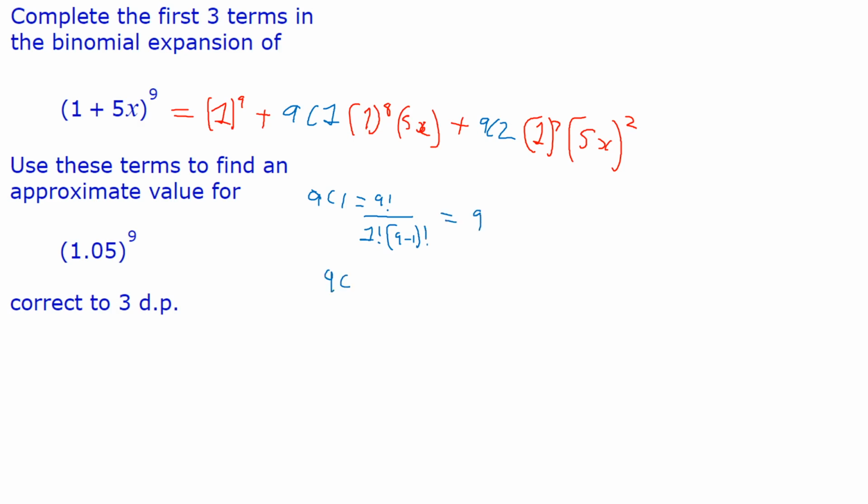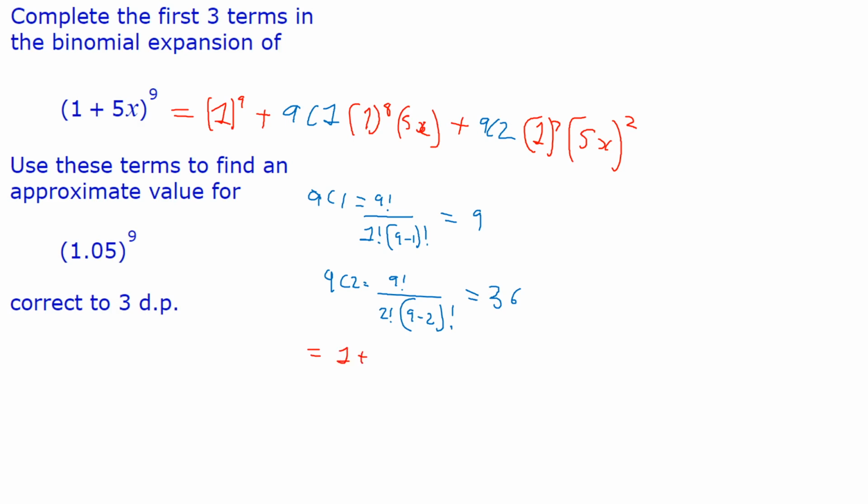And 9 choose 2 is going to equal 9 factorial over 2 factorial times (9 minus 2) factorial, which is equal to 36.